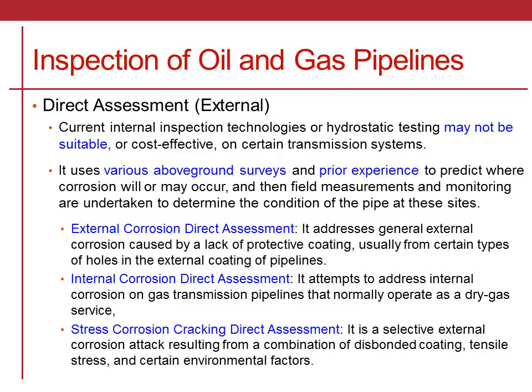This method can be divided into three. First, external corrosion direct assessment. Second, internal corrosion direct assessment. Third, stress corrosion cracking direct assessment. Generally, two or more tools are recommended in implementing a direct assessment program.